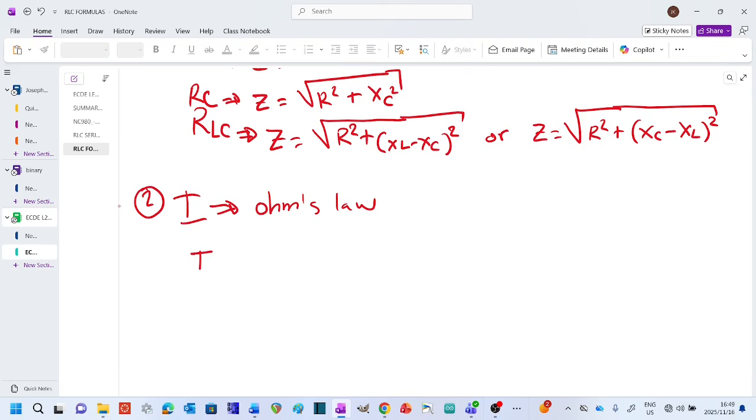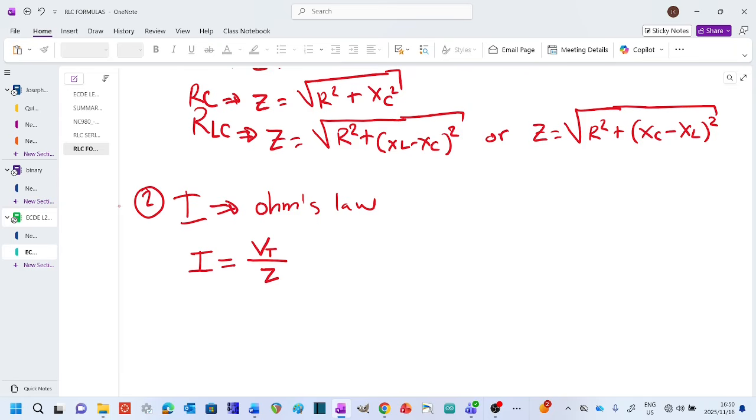So just apply Ohm's law. So your Ohm's law for current in a series circuit, there is only one current. So your formula is V, which is the total applied voltage, over Z. Z, remember, impedance, we said impedance is the total resistance in an AC circuit.